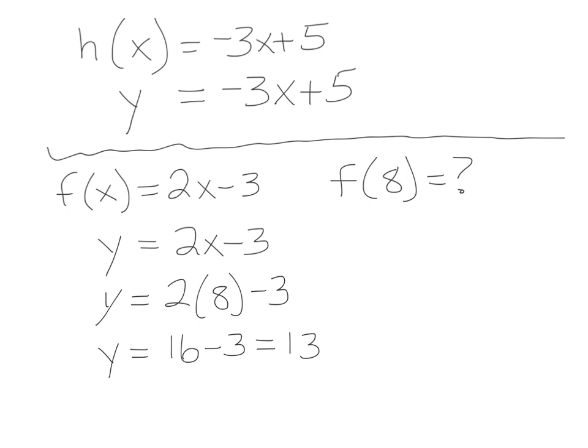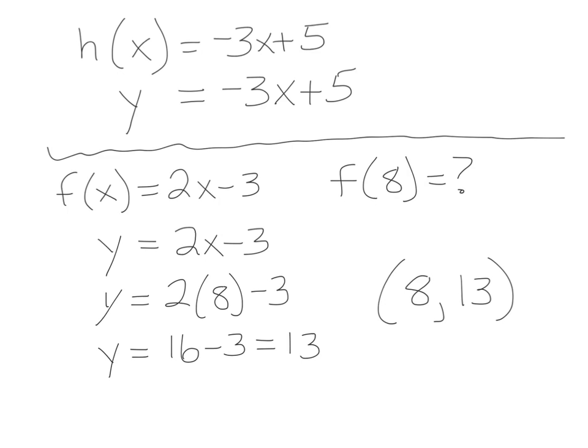So what that gave us was an ordered pair. When we plugged 8 in for x, we ended up with 13 for y. So we took 8 and we put it in for x. See how it's in the x spot? 8 is in the x spot. So we take all this out, turn it into a y, and 8 goes right in for x.